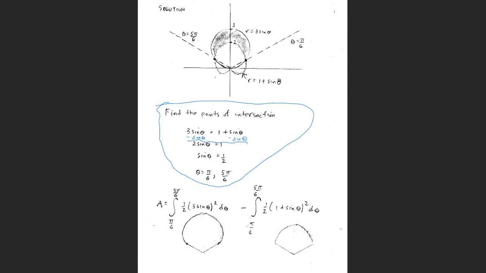That's going to get me 2 sine theta on the left. So 2 sine of theta equals 1, and so sine of theta equals a half.